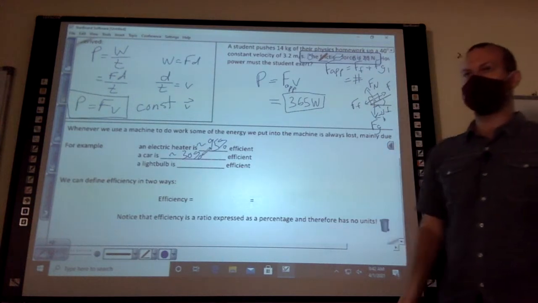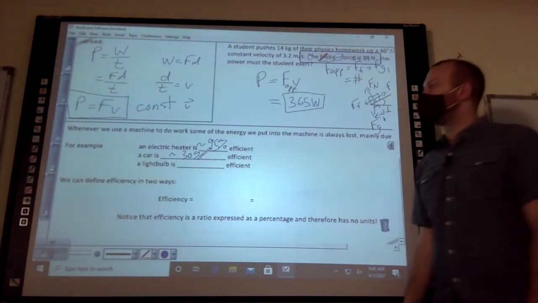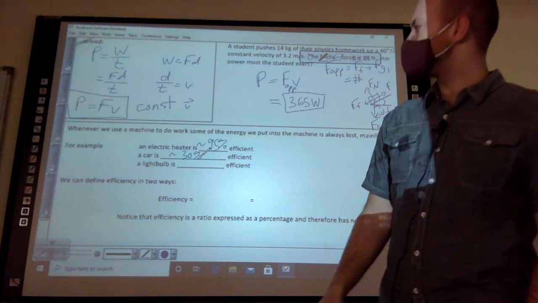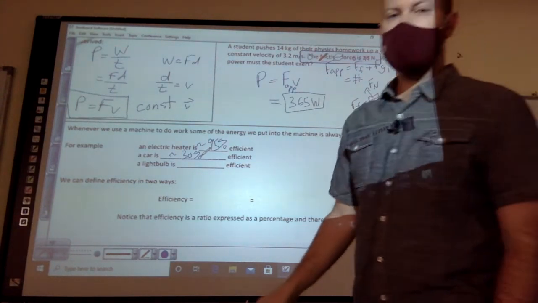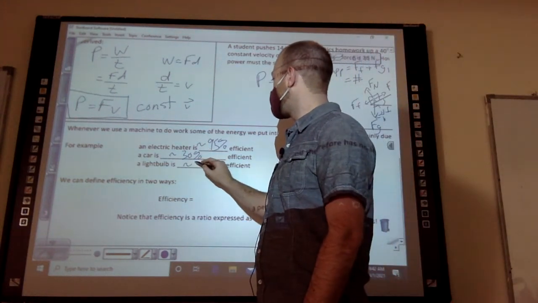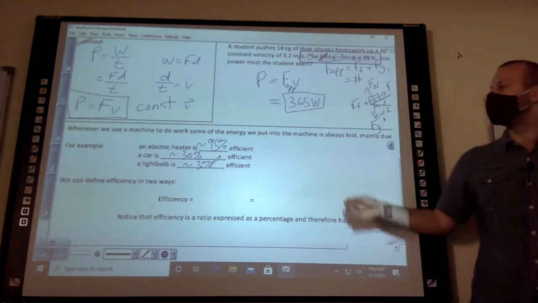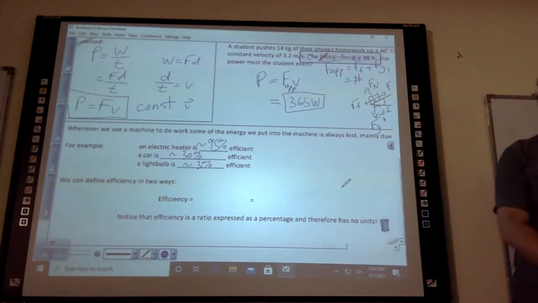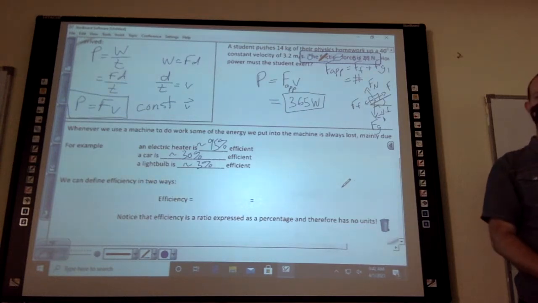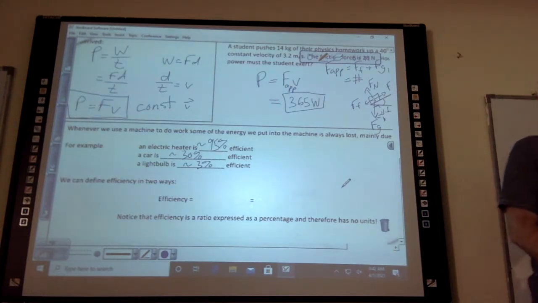Your average kind of car, you'd get 30%. A light bulb, about 3%. Well, this might be the old school light bulbs. I don't know if that's the LEDs. 3% of the power of the light bulb turns into light? Yep, they get really hot.